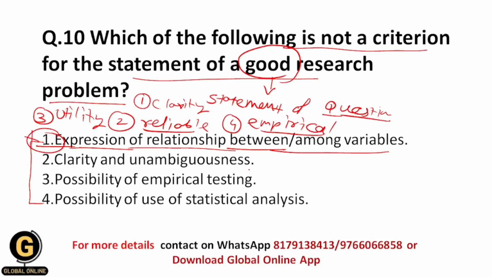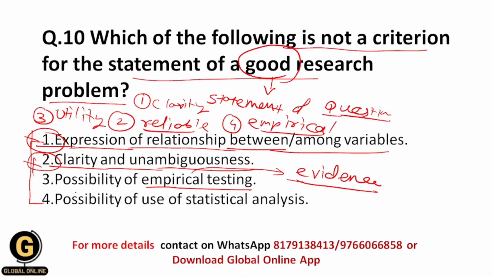Clarity and unambiguousness, yes, they should have clarity and unambiguousness, so this is also eliminated. Possibility of empirical testing means possibility of testing based on the evidence. So the research question should have the possibility of being tested based on the evidence, so this is also eliminated.